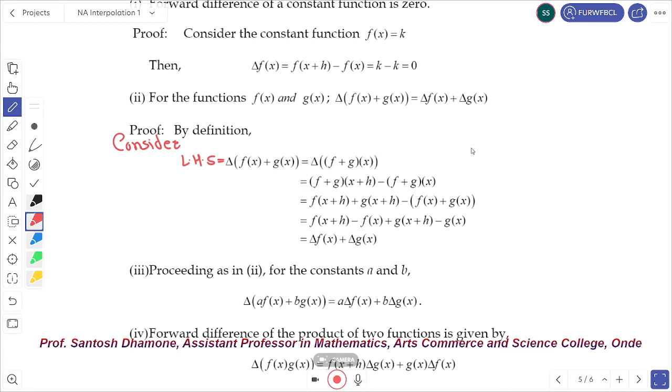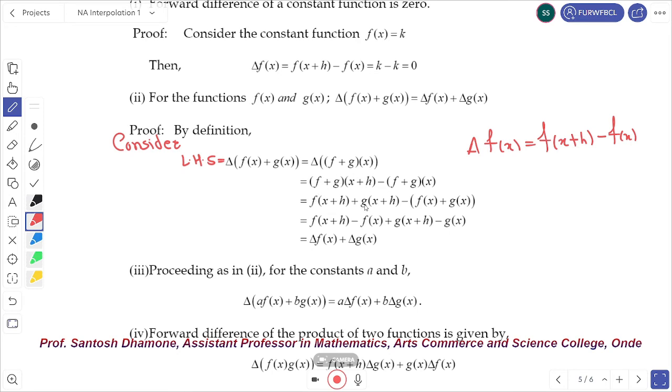Using the formula, we get f plus g at x plus h, f plus g of x plus h, minus f plus g of x, which is equal to f of x plus h plus g of x plus h, minus f of x minus g of x, by using the definition of the sum of functions. We separate the function by definition.